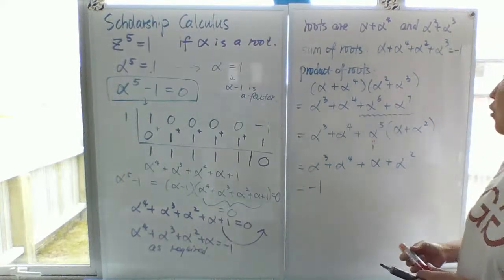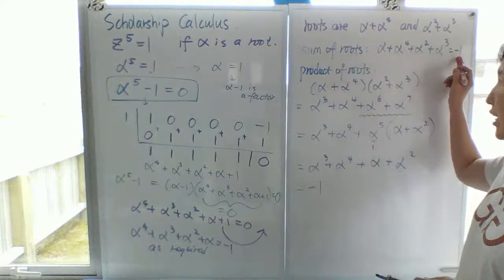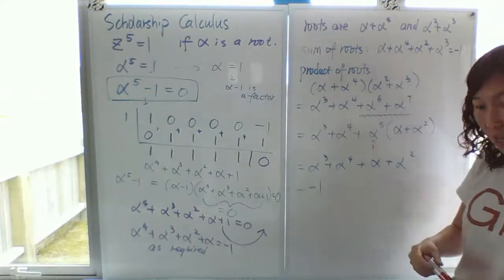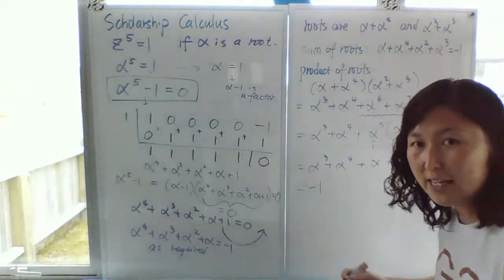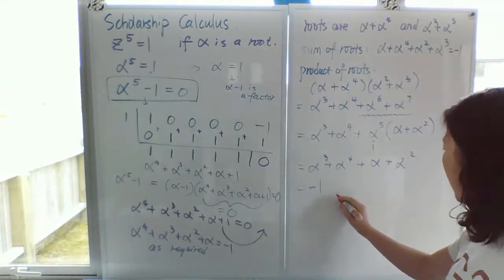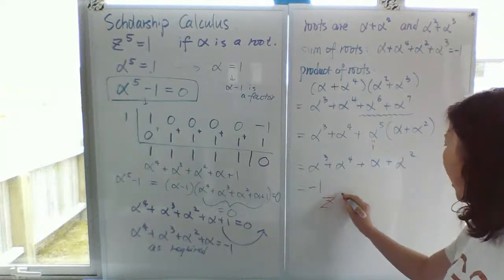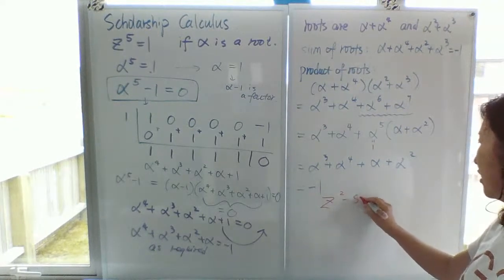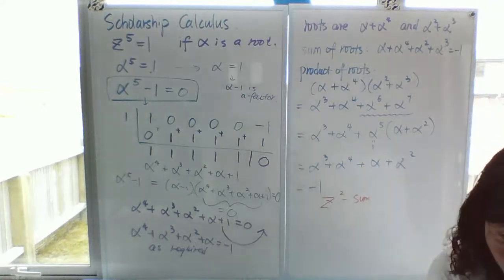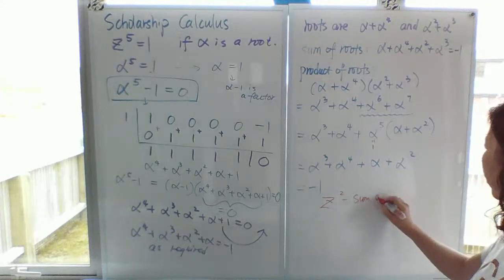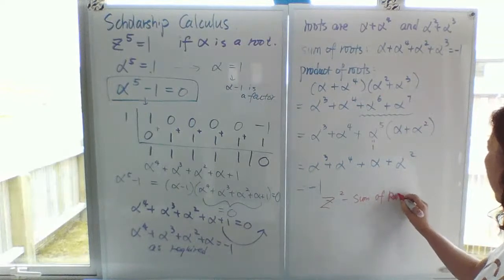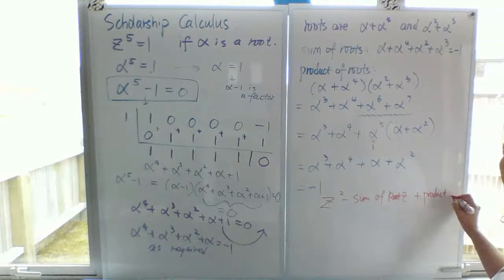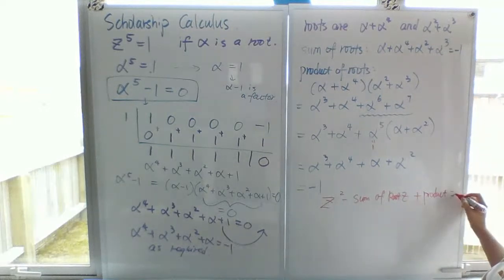So now what we have is the sum of the roots is -1. We also know the product of the roots is also -1. So now we definitely can find the equation of this whole thing. So there'll be z squared. Remember, I'm just going to write it first. It's always z squared take away sum of the roots z and then plus product of the roots, equal to 0.